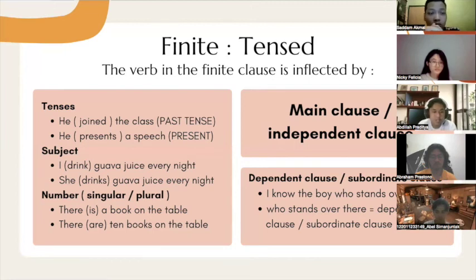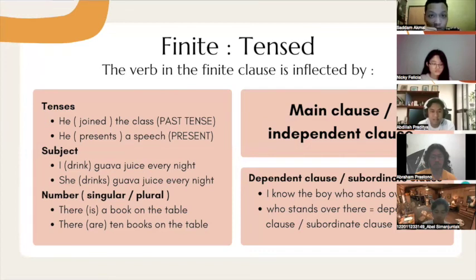Okay, the next one: a finite clause is also a main clause or independent clause. A sentence that can stand alone is a finite clause, but it can also be a dependent clause or subordinate clause, as in the following example: I know the boy who stands over there. Who stands over there is a dependent clause or subordinate clause, which remains a finite clause because the word stand can be affected by tense.